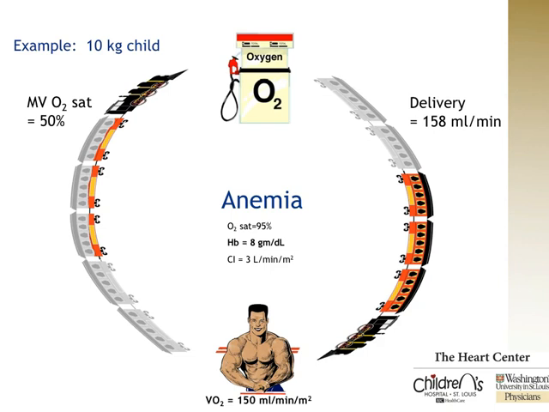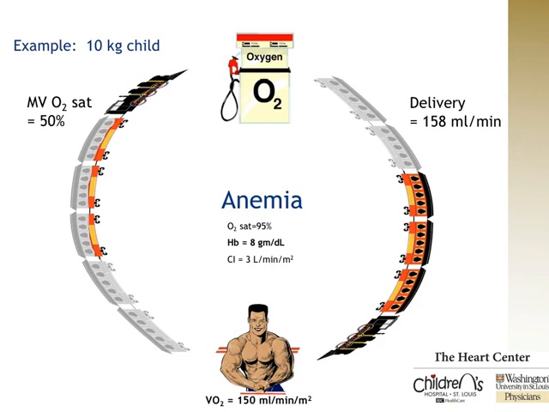So mixed venous saturation can be an indicator of poor oxygen delivery, particularly when we use it in comparison to the arterial saturation, and we can assume in many patients that that's normal, but again in congenital heart patients that may not be 100%, 95%.